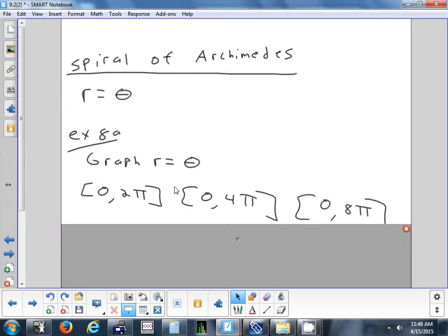We've said before that if we go higher than 2 pi, a lot of times it traces over itself. But this won't trace over itself. Since we're drawing a spiral, what will happen? Yeah, you're going to see more revolutions of the spiral. Okay.